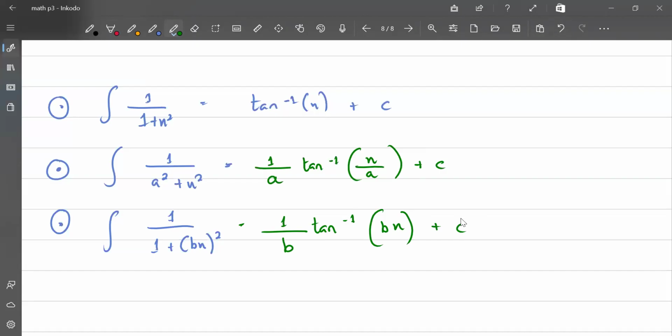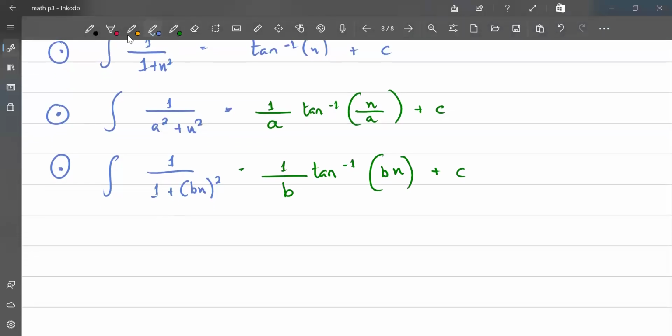Now, till here, you don't have to remember anything. Now I'm coming up with a standard formula that combines these two. Let me show it through an example here. What if we have 1 upon a square plus bx square?